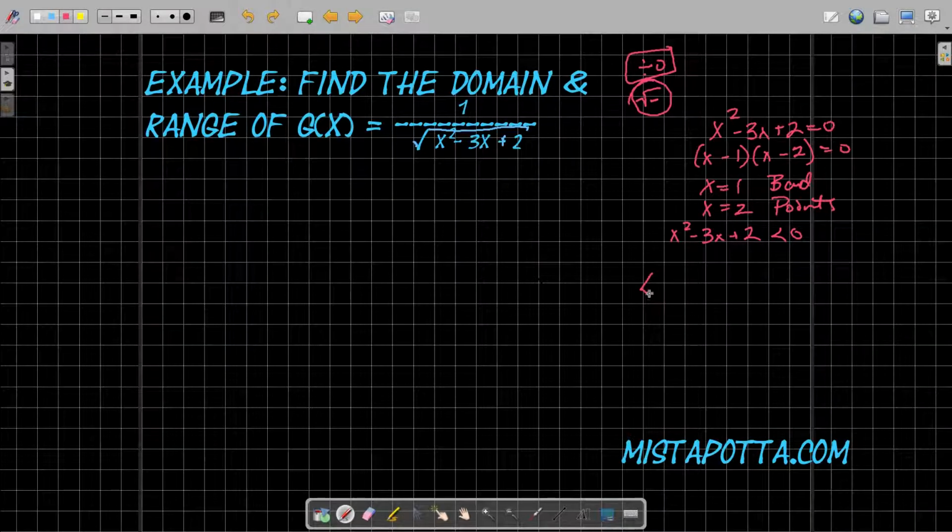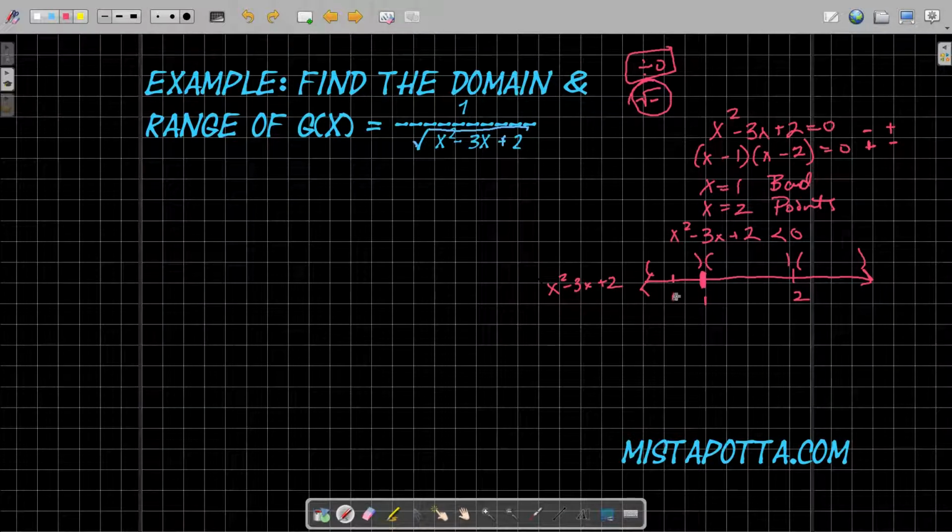So if I were to look at a number line and evaluate these points for x squared minus 3x plus 2, okay, well, here's 1, here's 2, and I've got 3 ranges that I need to consider. Now, what's nice about being equal to 0 is that's where I change from negative to positive, or where I change from positive to negative.